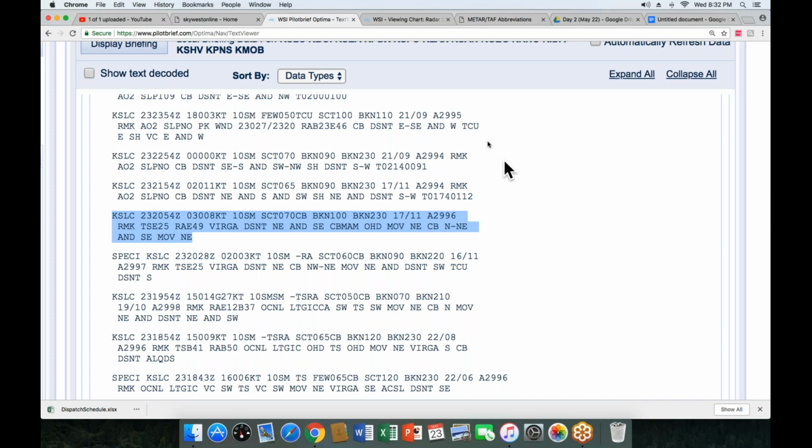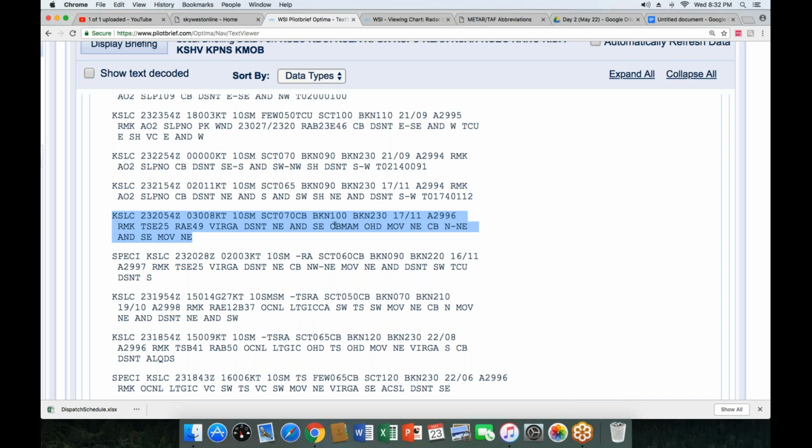Remember, these are METARs. So, METARs, what currently is happening? We don't really dispatch to cloud types because we don't know what's actually going to be occurring at the point that the plane actually gets there.